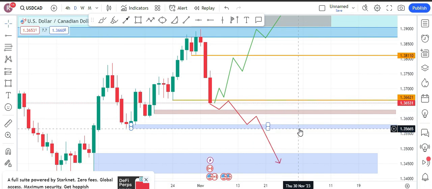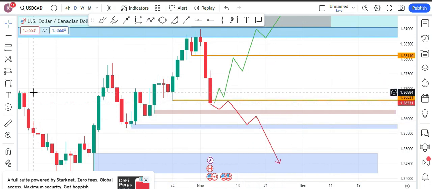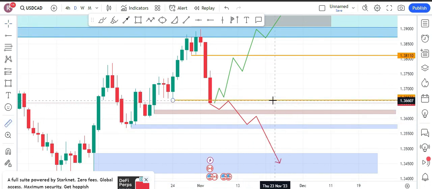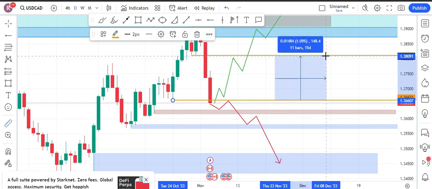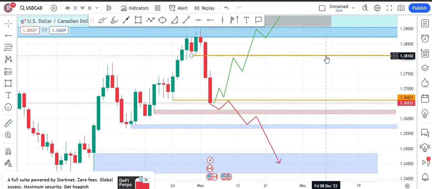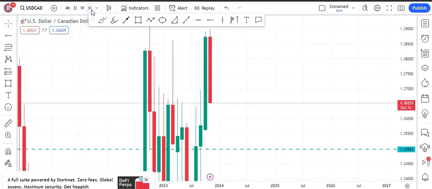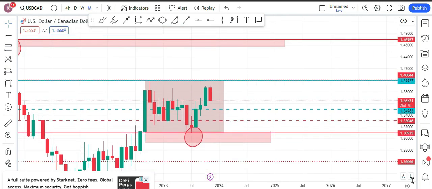And on the top side, if it goes up, then we have a better chance of 150 pips. Now, because if you go to the month, you know that it is a ranging channel.